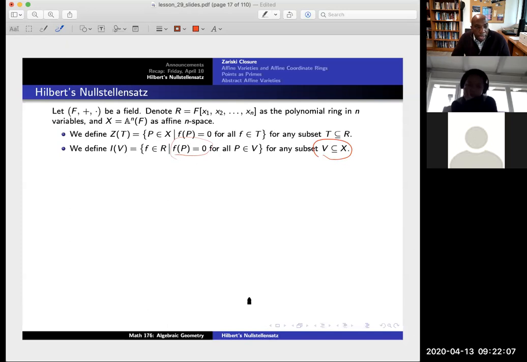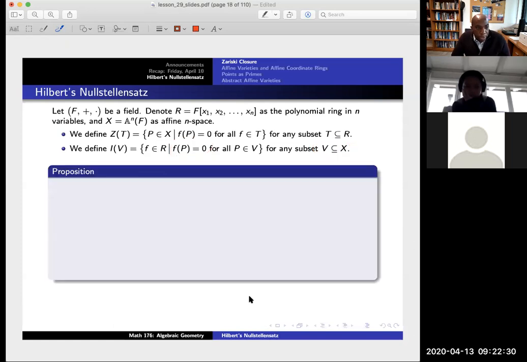So Z and I are fundamentally different. Z is a subset of affine space, but I is a subset of the ring. And what I want to do is play these two off of each other. One will be a subset of the affine space, the other one will be a subset of the ring.